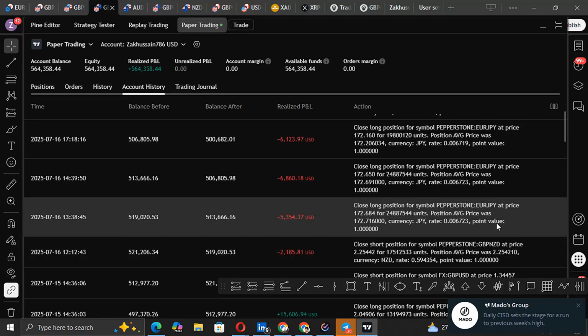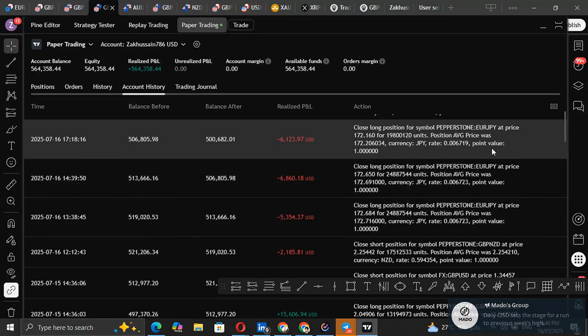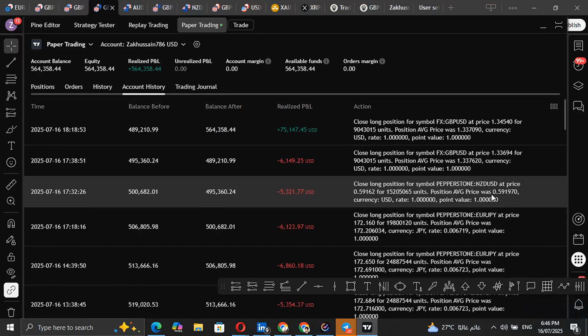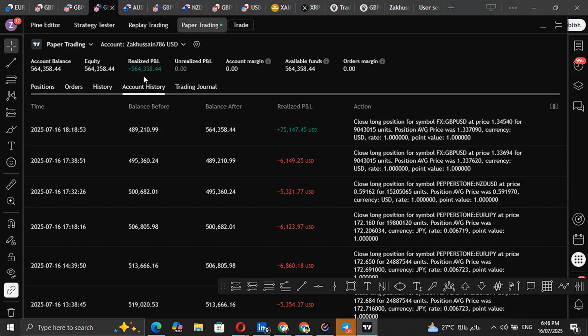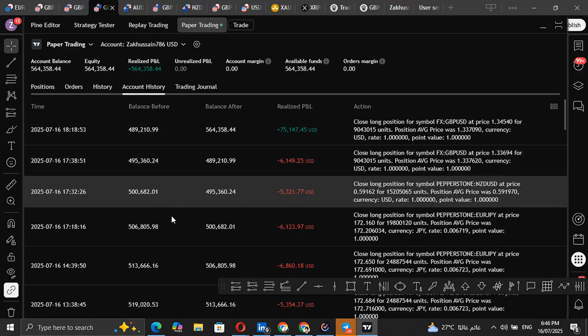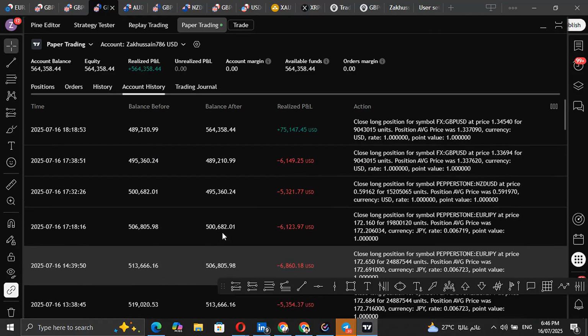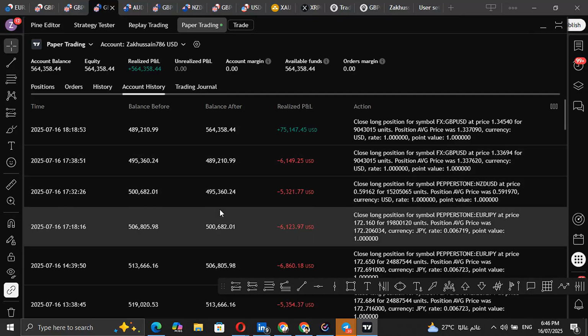Normally it's 1% risk. And then there was Euro JPY, second, third, and then one NZ USD, pound USD, and then the second one was the one that gave us that huge profit. So overall we are in profit by a fairly sizable amount.